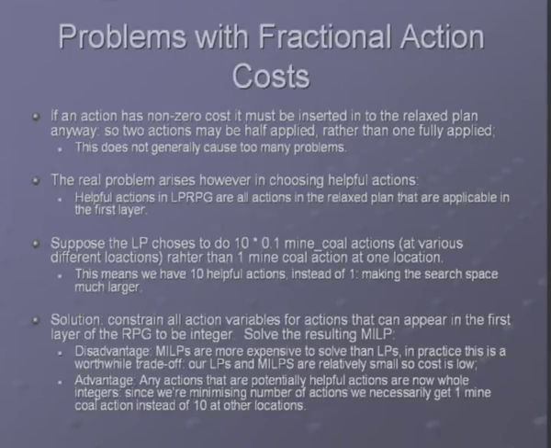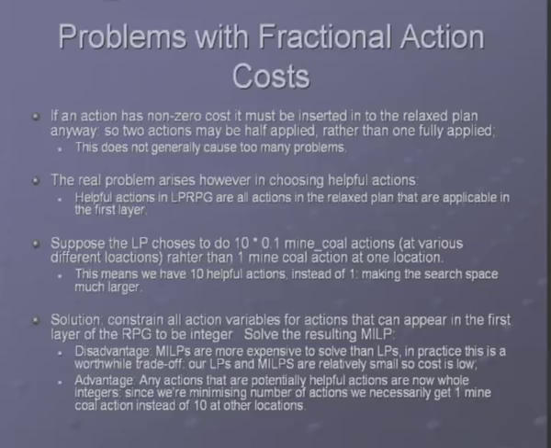So here we're going to take the complexity hit. We're going to say only for actions that appear in the first layer of the relaxed planning graph for this state, these must be integer values. Now this gives us a mixed integer linear program to solve instead of a linear program.